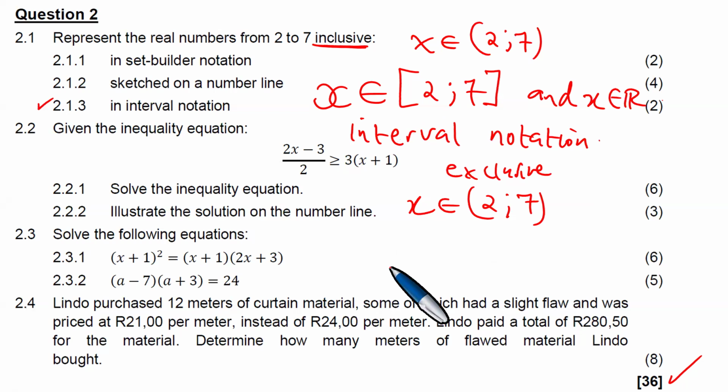Now, there are a couple of things that you need to know as well. If you look at this very carefully, this exclusive one can also be written like this, in some other countries and some other books. Normally in CAPS it's not very popular.